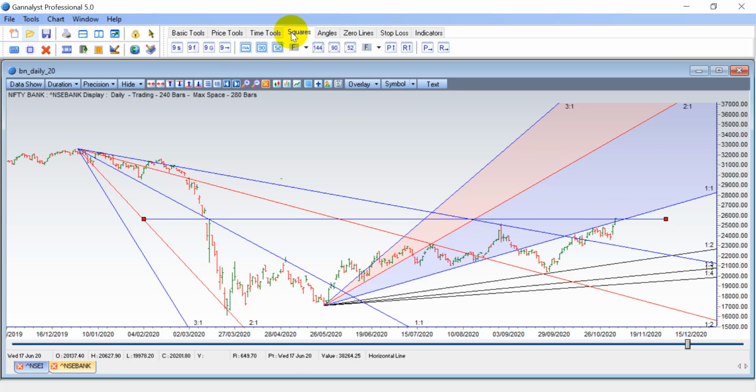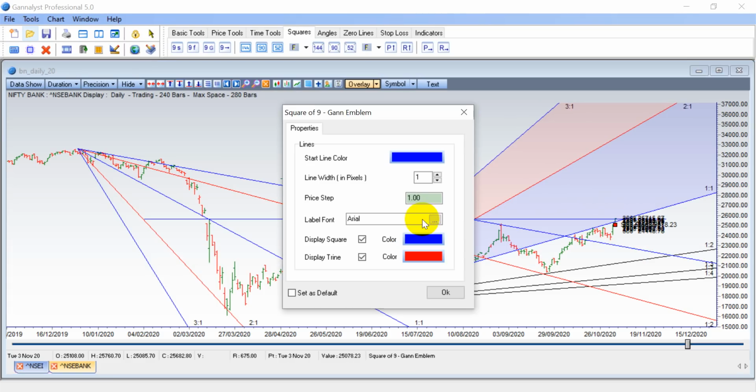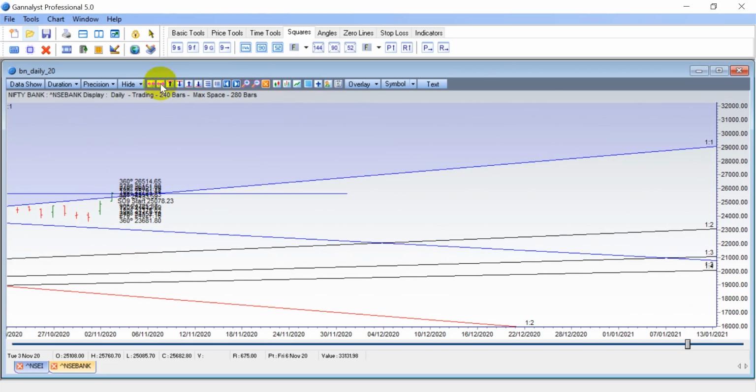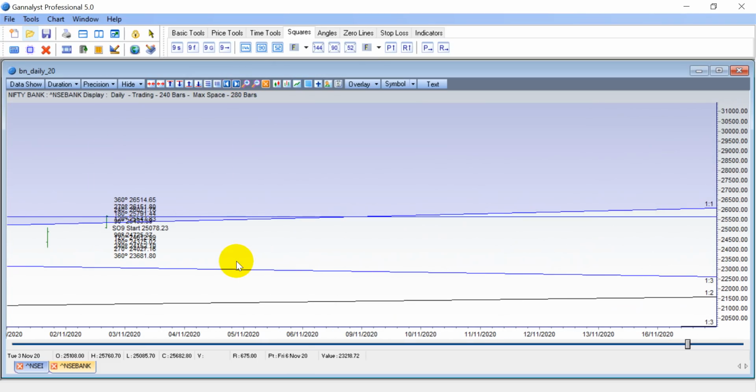If I just go ahead and apply some Gann angles here on this low, I'll get some good trading levels, which even anyone can use to trade. I'm just expanding it so that it becomes clear to everyone. Yeah. So if you see here, at this low, I've applied it.